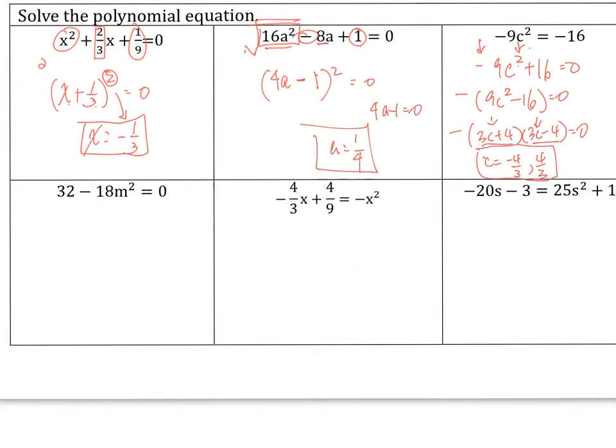The next one, I have negative 18m squared plus 32 equal to 0. And I can factor out the negative 2. How about that?